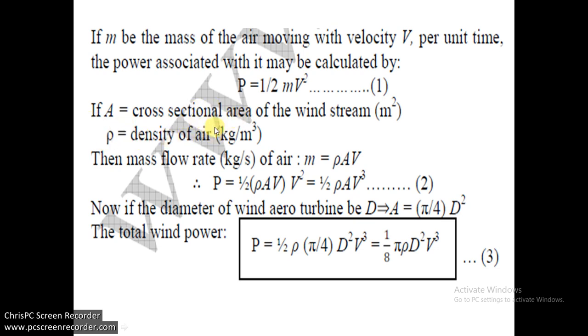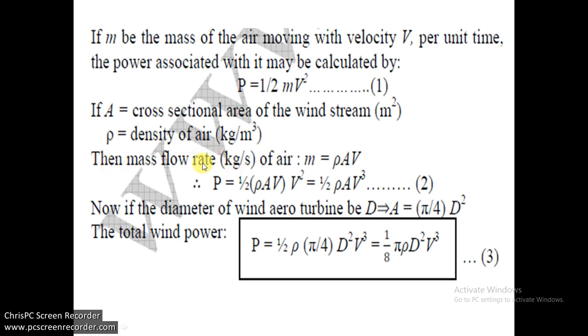Always keep this relation between density and temperature in mind, because temperature can be changed with the help of solar energy. Temperature directly governs the density of the air, and density governs the kinetic energy, the flow energy, the velocity of the wind.